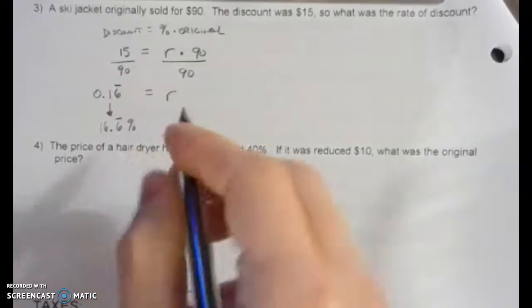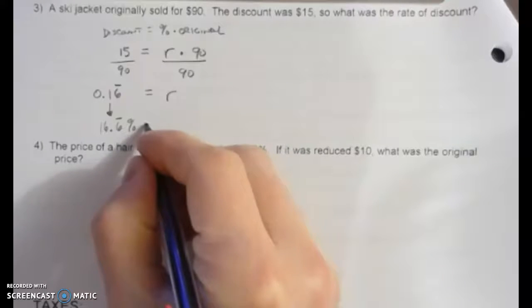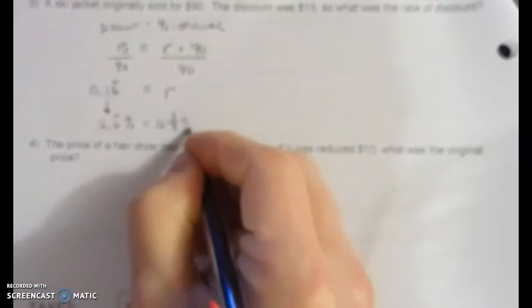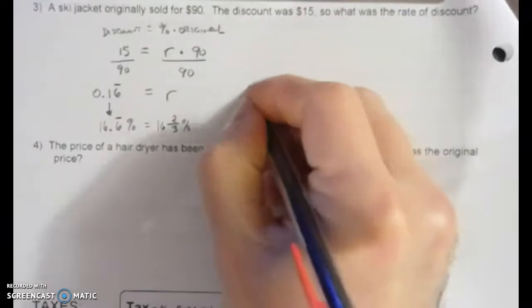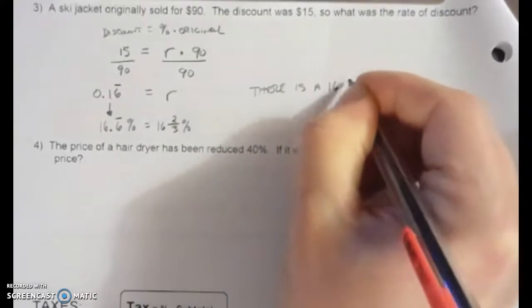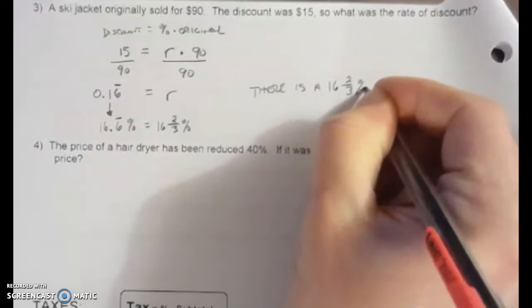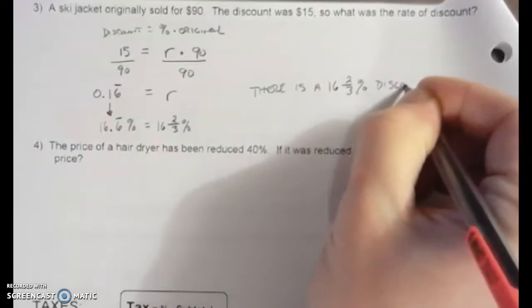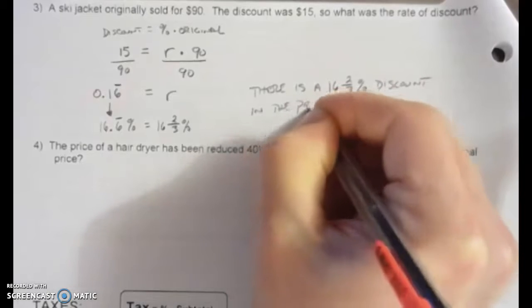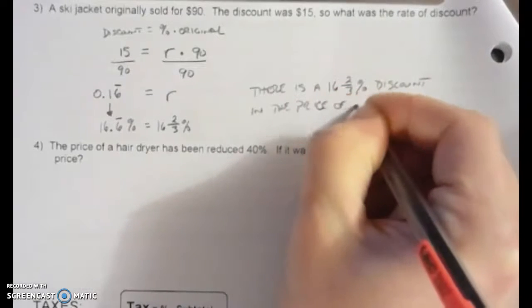The 6/10 repeated is better known as the fraction 2/3, so I'm just going to call that 16 and 2/3 percent. And so I can say now that there is a 16 and 2/3 percent discount in the price of the jacket.